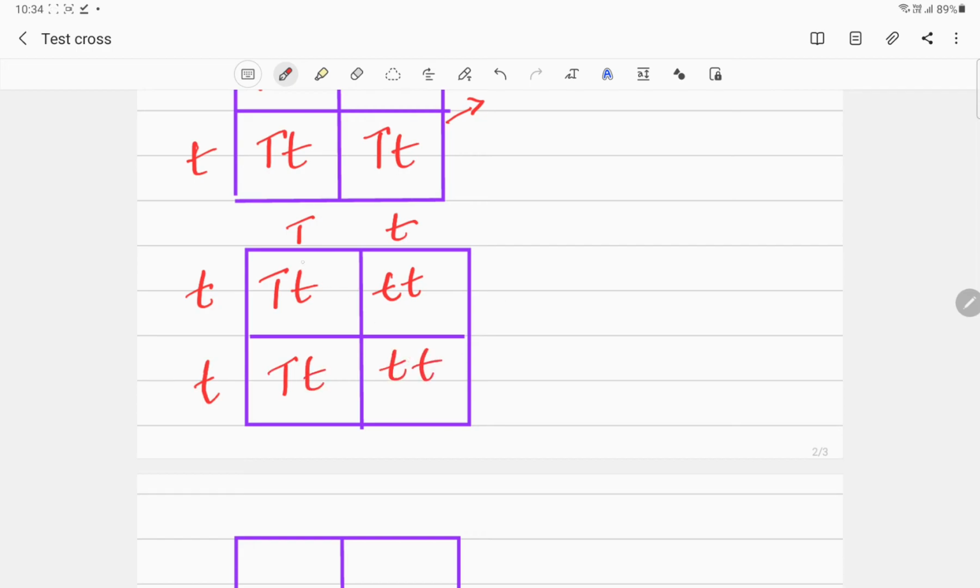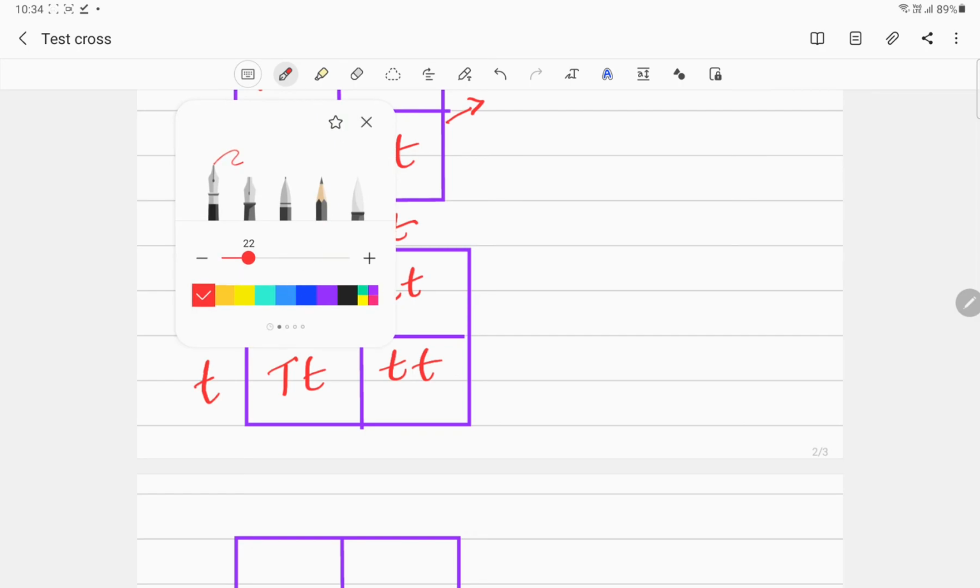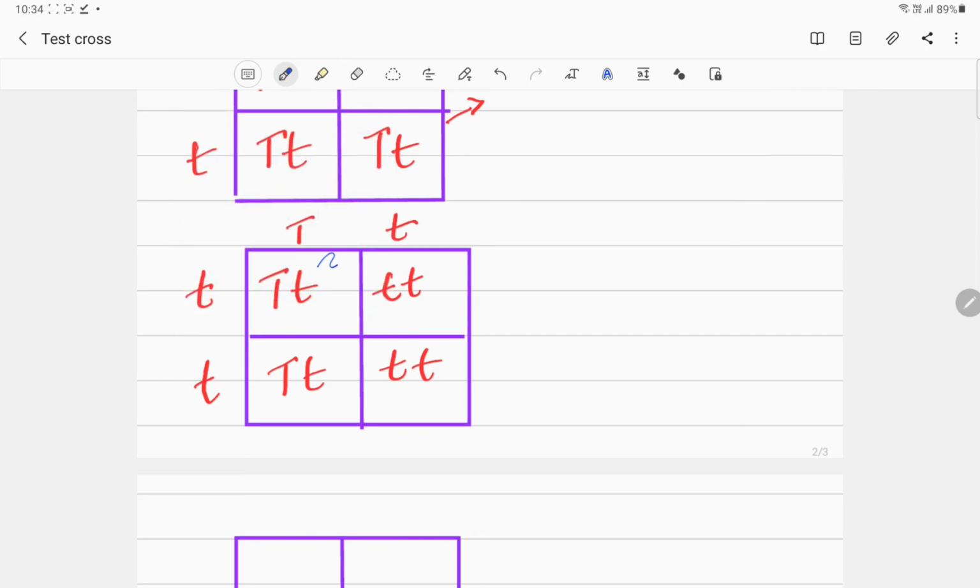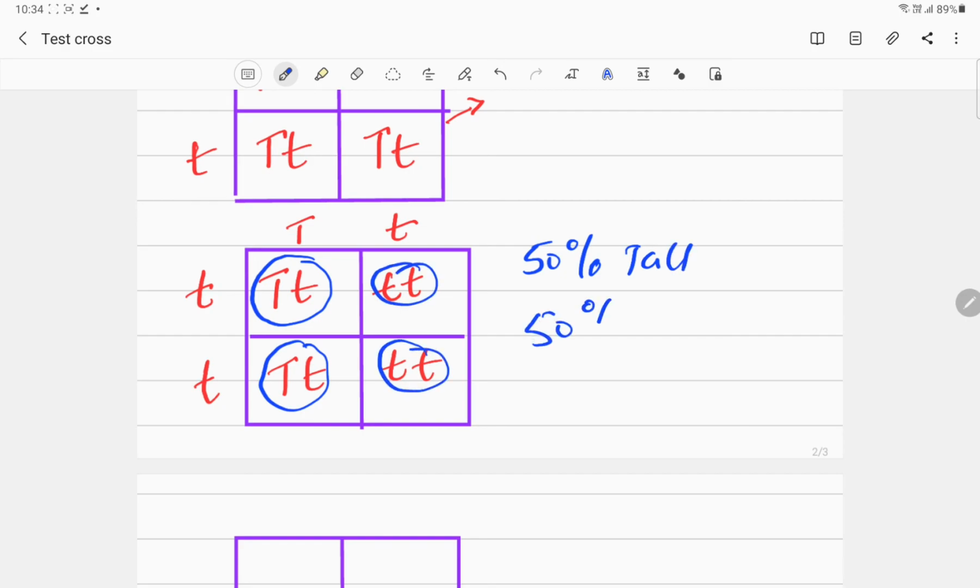So what is the outcome? Looking at these boxes, capital T small t, capital T small t, I got 50% tall plants, and then I got small t small t, which means I got 50% dwarf plants.